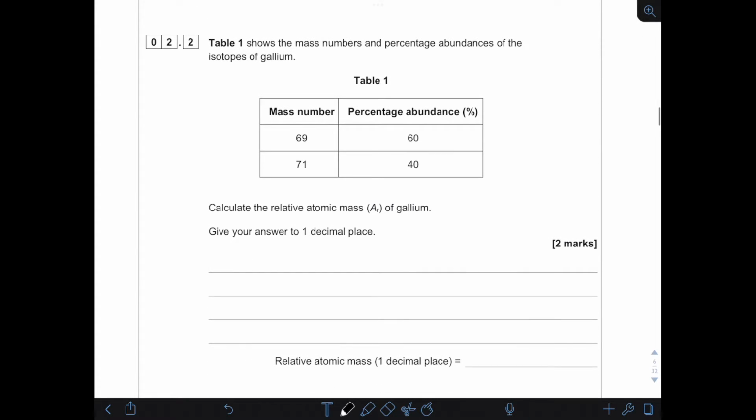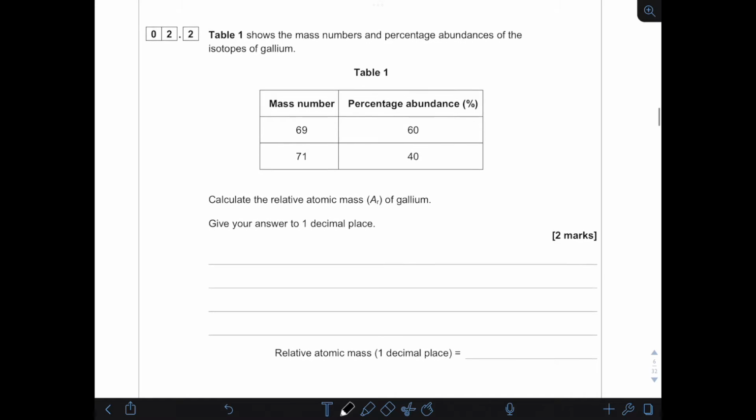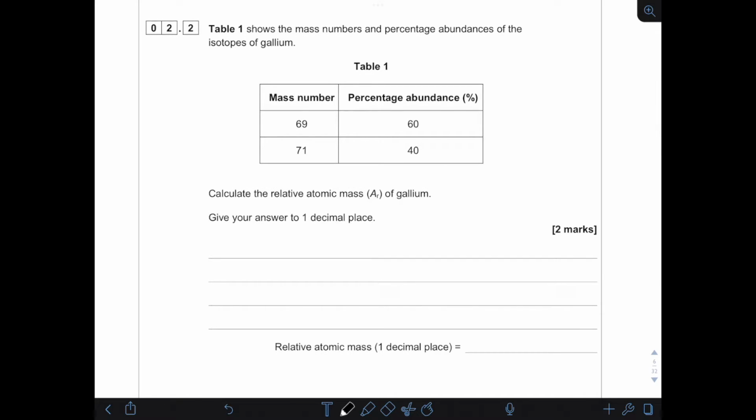Right, 2.2, we have a simple calculation of mass. So relative atomic mass is just the mass number weighted with abundance. So we know that we have 60%, so 60 over 100 of all atoms are 69 mass, and 40 out of 100 atoms are 71 heavy.